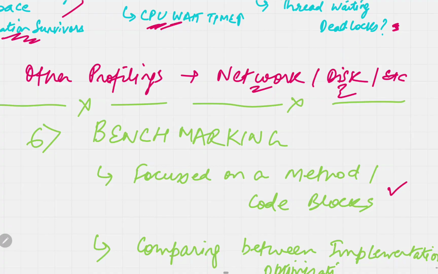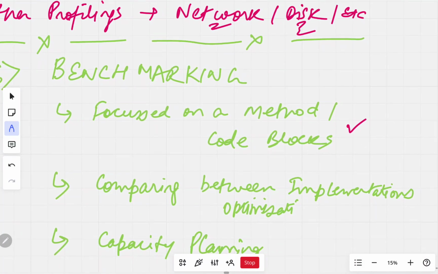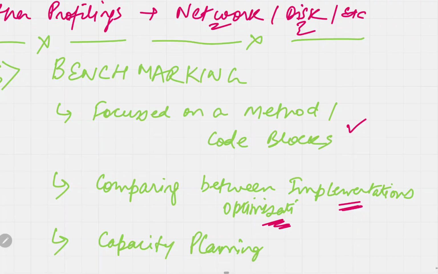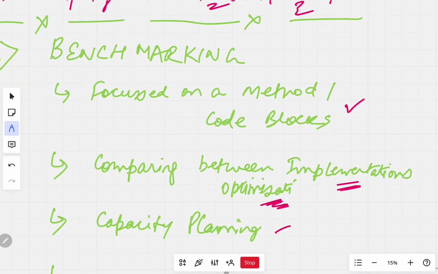Yeah, so what I was saying is it is comparing between implementations and we are actually optimizing this. X code is giving this, x plus y code is giving this, x plus y minus z is giving this. It can also help us in capacity planning.